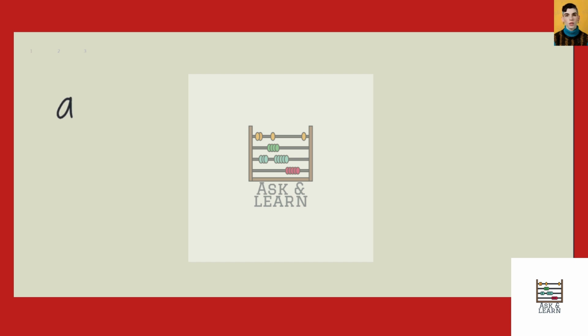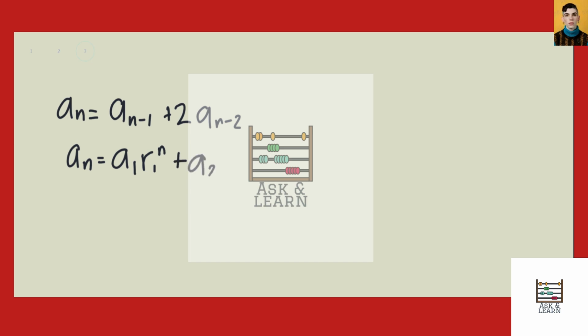So remember we had that a_n is equal to a_(n-1) plus 2a_(n-2), but a solution to the recurrence relation is going to be of the form a_n is equal to alpha_1 r_1 to the power of n plus alpha_2 r_2 to the power of n.